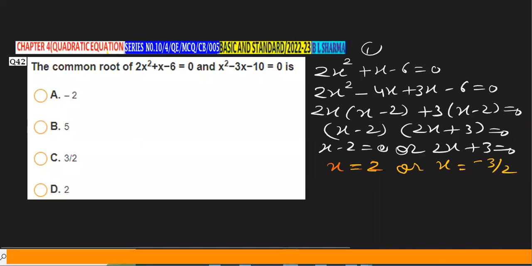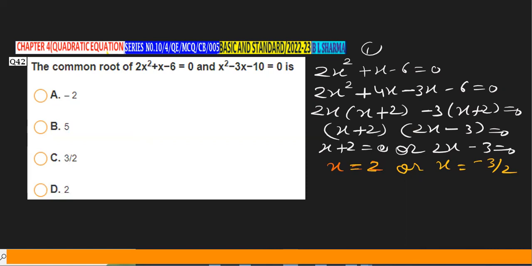Sorry students, there will be some changes here. That will be plus 4 and this will be minus 3, because plus 4x minus 3x that is plus 1x. Accordingly हमें change करना पड़ेगा. That will be plus 3 and this will be minus 3. So x plus 2 and that will be minus.